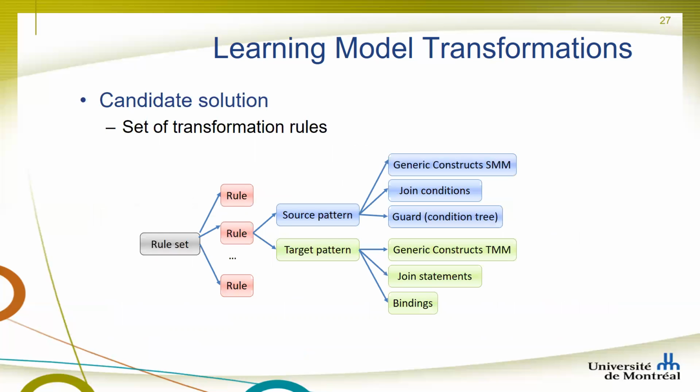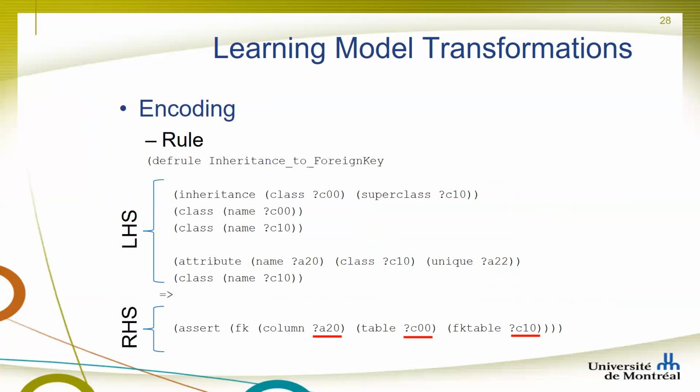Here, a solution is a set of transformation rules. Each rule has a source pattern and a target pattern. The source pattern is some generic construct from the source language that produces some generic construct in the target language. We have some join statements and bindings, taking some values and putting them in the instance of the target. This is more or less the transformation.